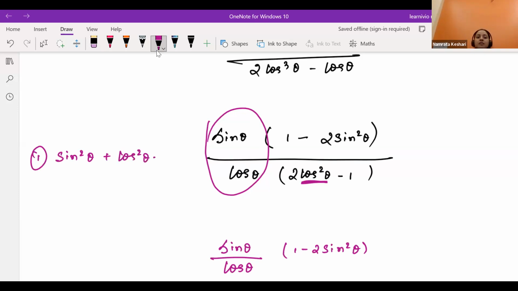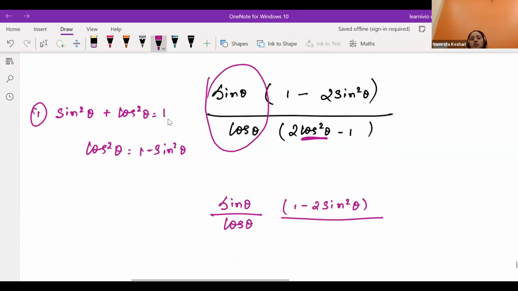We can take cos square theta as nothing but 1 minus sine square theta. Let's replace the cos term in the denominator with the sine form. Maybe we will be able to cancel out the bracket term. So it is 2, and in place of cos square we write 1 minus sine square theta, minus 1.